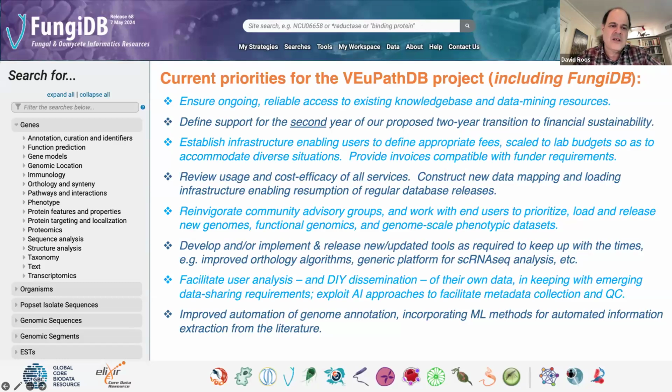Our expectation is that in January, we will post a calculator that would allow you to calculate what your fair share of services would be to ensure that these resources remain available to your lab and to the rest of the global community, and that those fees would be applicable worldwide, not just to investigators in the US who have footed the bill for the VEuPathDB project for 20 years or more. And that goes to Sergio's comment as well about possible international funding from foreign countries and so forth.